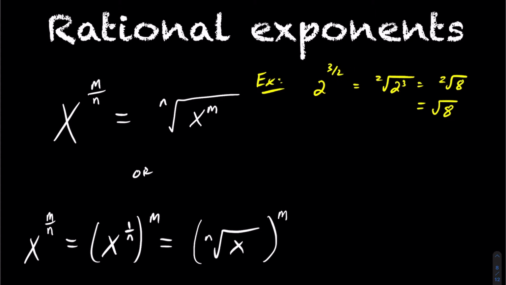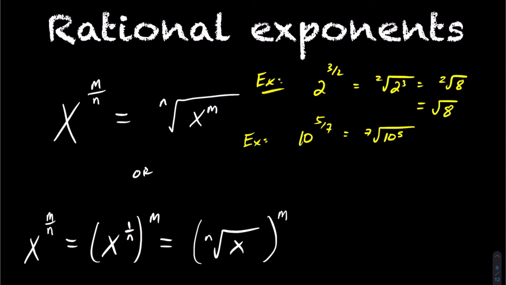Okay, let's look at another example here. Suppose we had 10 to the power of 5 over 7. Now this would be the seventh root of 10 to the power of 5. Now equivalently, I think we all know that x to the power of m over n, you can rewrite as x to the 1 over n to the power of m, right, using your basic exponent laws.